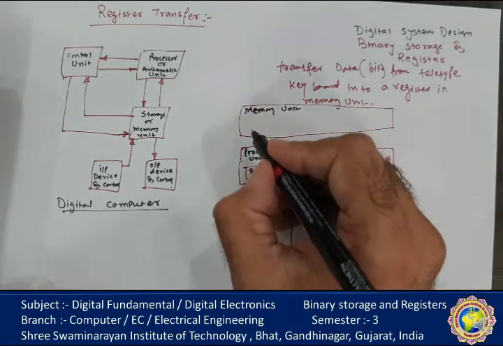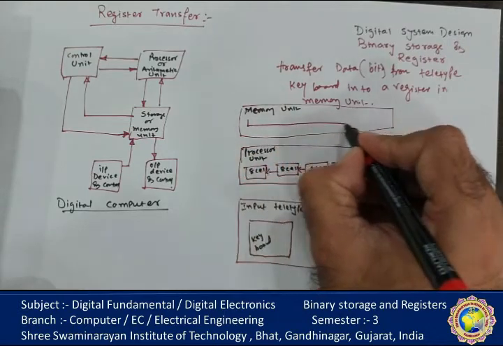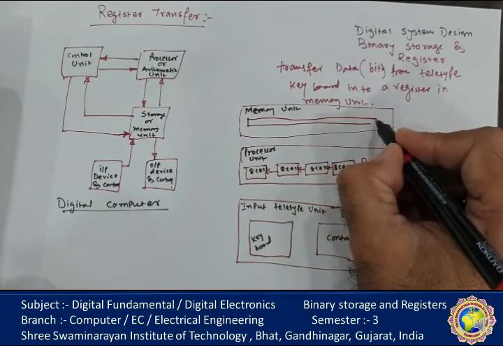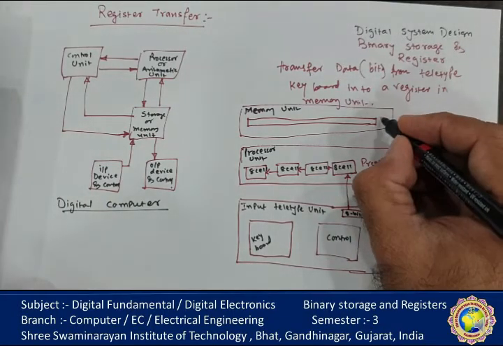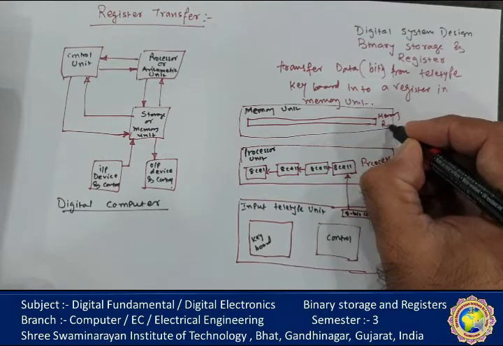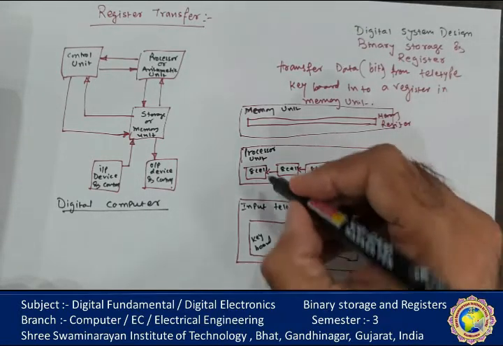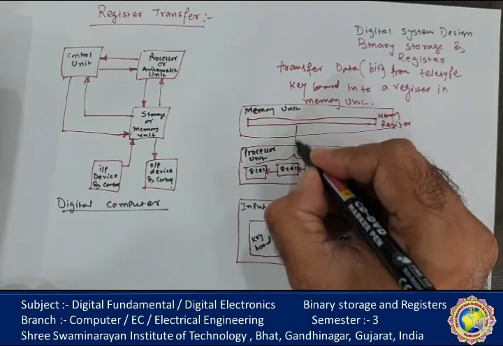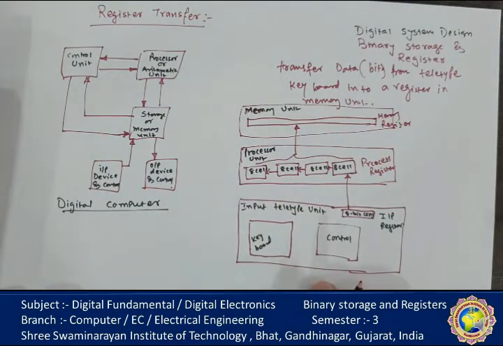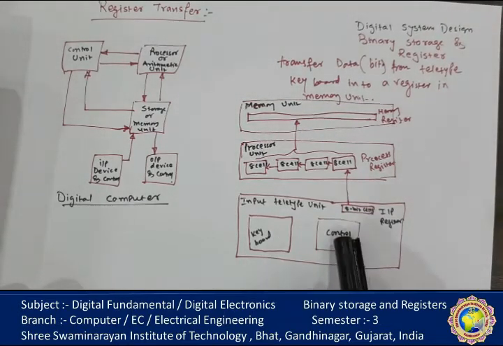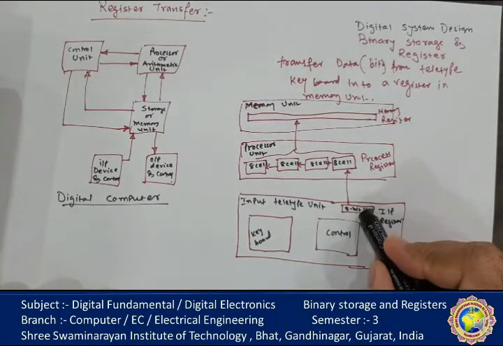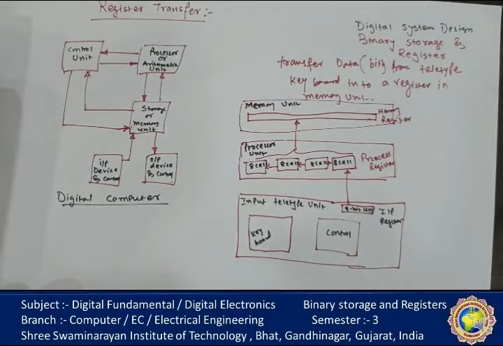The memory unit contains big word register cells. Suppose every cell has a 32-bit combination; this is called the memory register. Whatever data is stored here is transferred in this way. How does it work? The information from the input register is transferred to the 8 cells of the processor register.